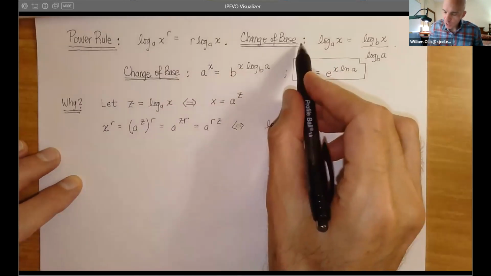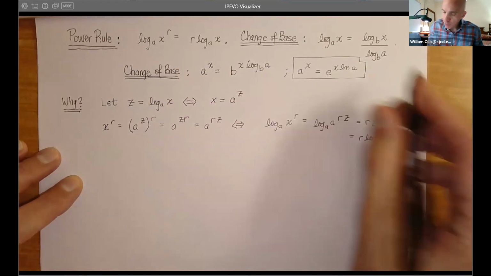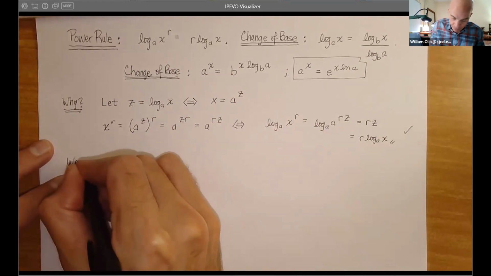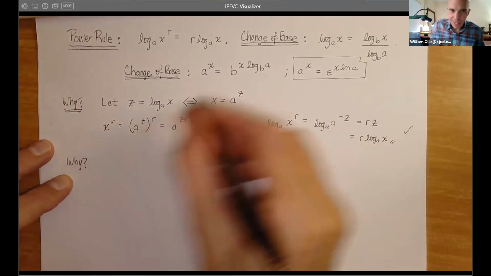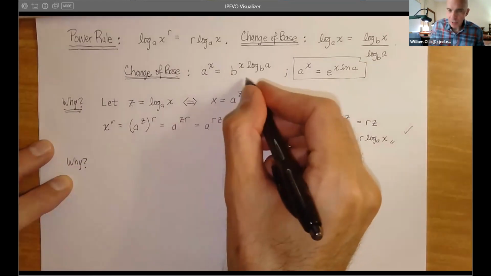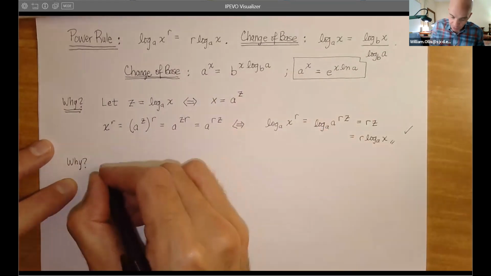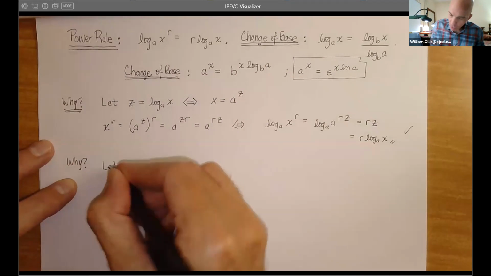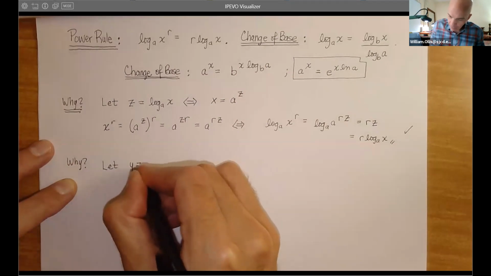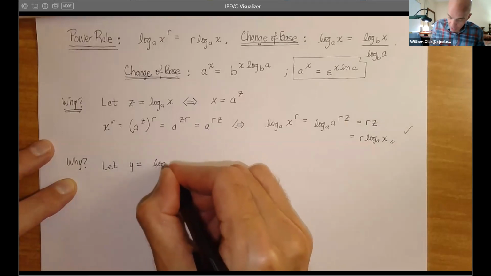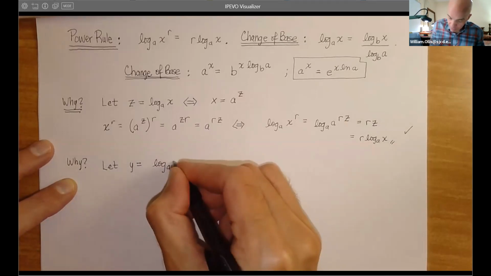Now, for the change of base, this one's taken care of. For the change of base, we'll do the same thing. Why? This one's self-explanatory. We don't have any proof to do there. It just is because of the inverse relationship. So here we're going to let y equal, in this particular case, the base A logarithm of x.